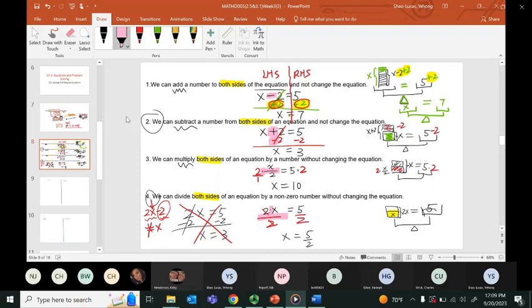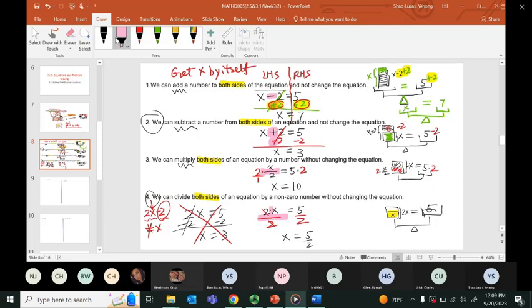So in order to get rid of it, because our goal, what's our goal? Get x by itself. So if you have something other than x, you have to get rid of it. But how do you get rid of it? We use what we call inverse operation, or opposite. So if you have plus, I'm going to do minus. If you have minus, I do plus.